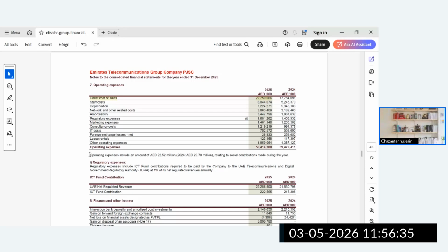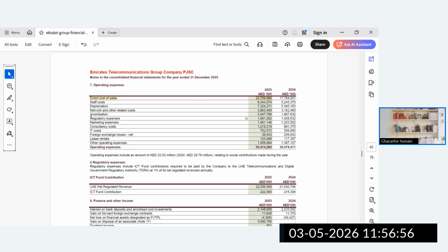Because we know the depreciation is there, staff cost is there. Now the staff cost, they did not specify direct or indirect. They have given only one figure, because here the challenges may come. Why? Because we are looking only at the consolidated. Anyhow, the same figures remain there.